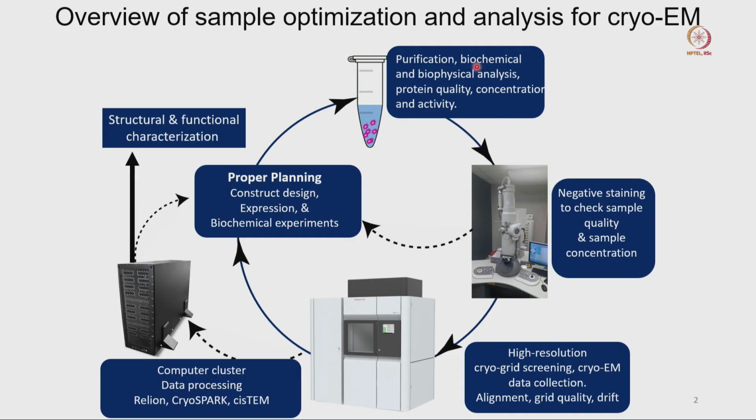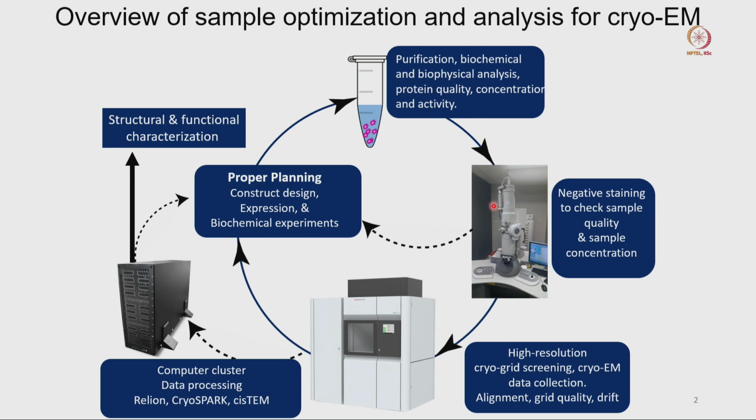So, after doing all of this, if you feel that your sample is not looking very homogeneous when you check by negative staining, then it will be better to go back to the laboratory again, do these experiments again, and go through this cycle again.